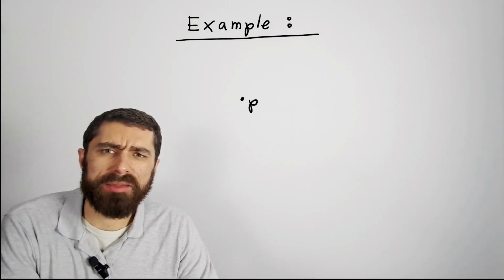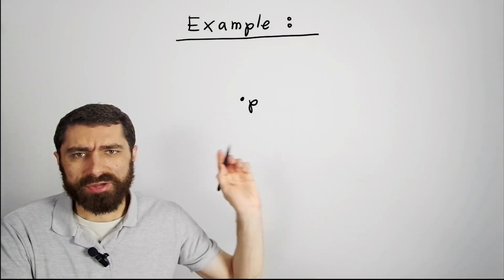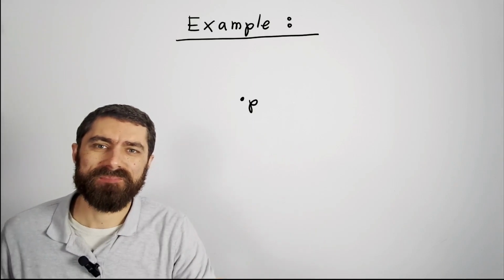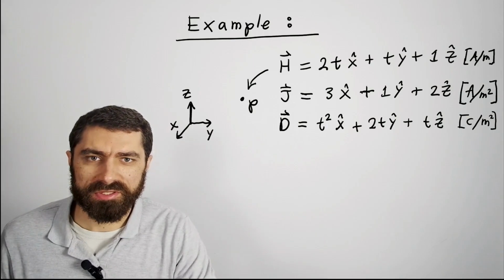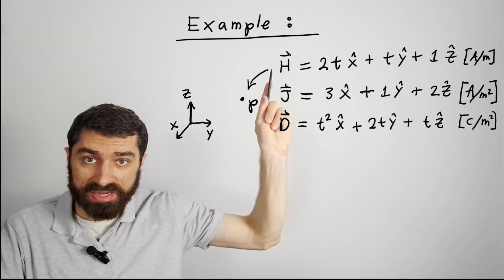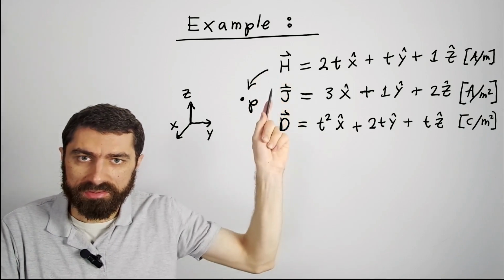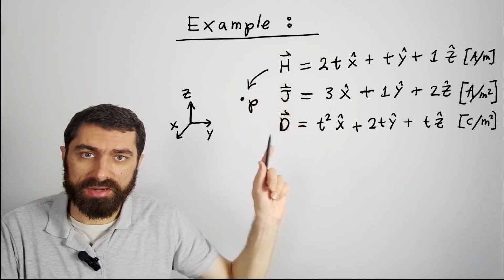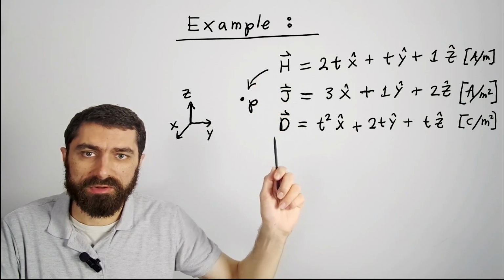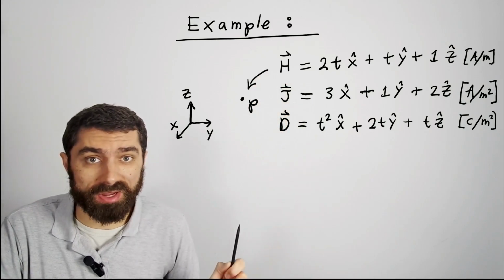So let me give you a mathematical example. Suppose we've got a point P here, and what we do is we measure the H field at that point, the current density J, and the electric flux density at the point as well.